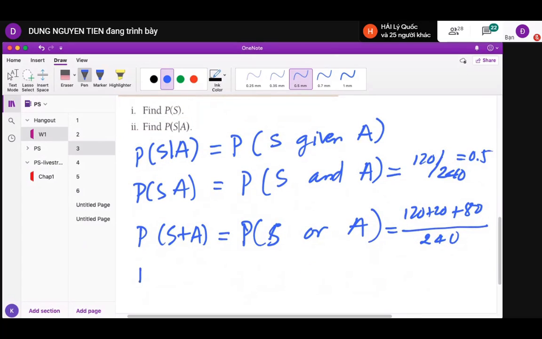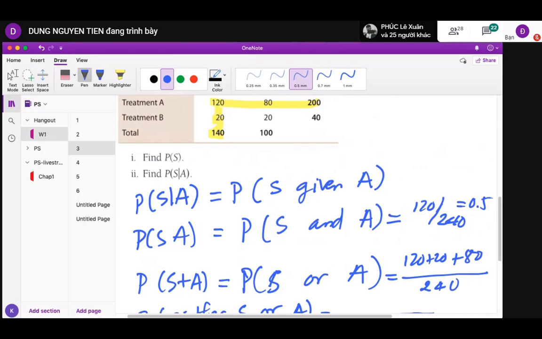Another question. The probability of either S or A? Either the patient received treatment A or he or she survives. What is that probability? In this case, you need to omit the joint probability.